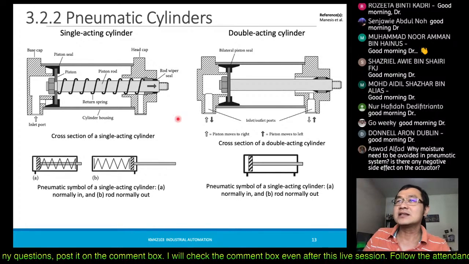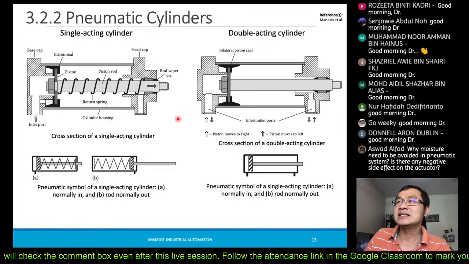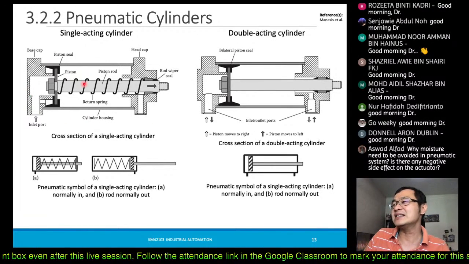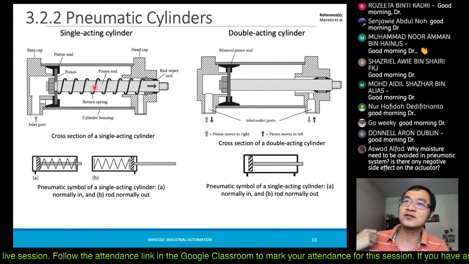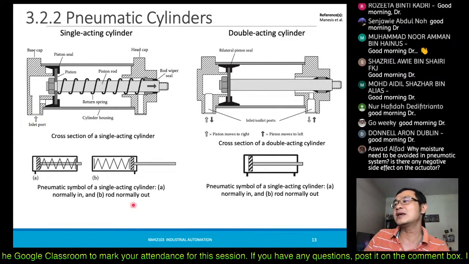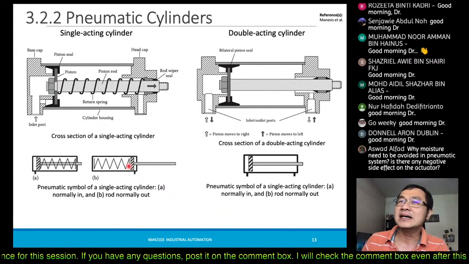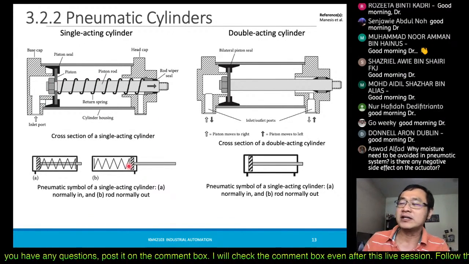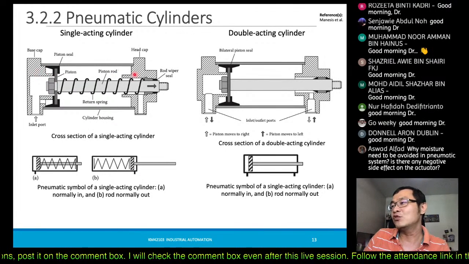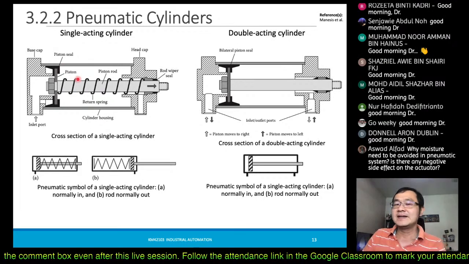So for pneumatic, it's very important to remove all this dust, otherwise it will get stuck inside the cylinder. Whereas for a hydraulic part, the fluid keeps going in and out. That's why you can see that there is a filter to filter out all the dirt due to the movement or the abrasion wear internally.